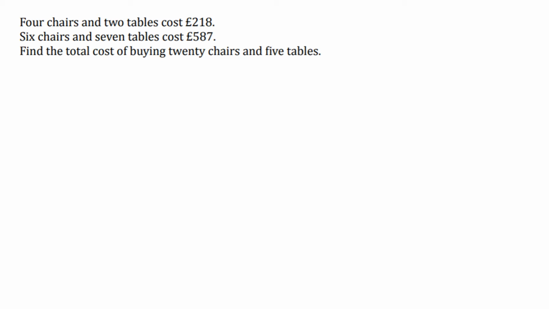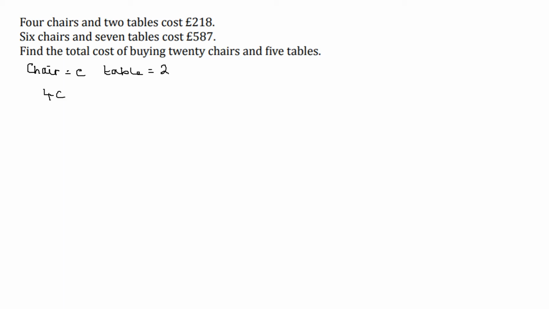4 chairs and 2 tables cost £218 and 6 chairs and 7 tables cost £587. Find the total cost of buying 20 chairs and 5 tables. So let's let a chair equal C and a table equal T. And then let's set up two equations again.